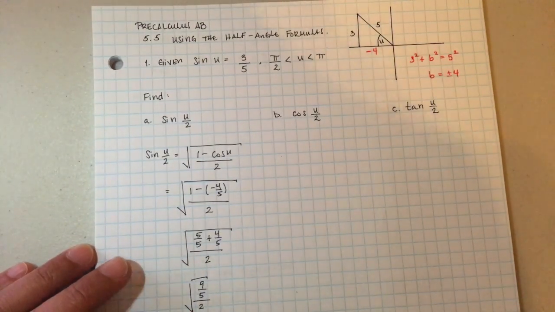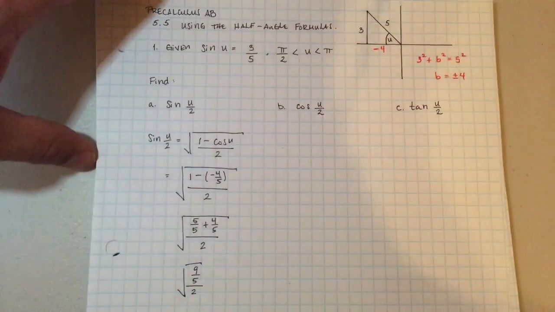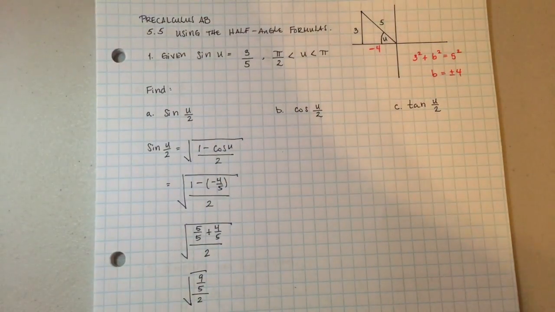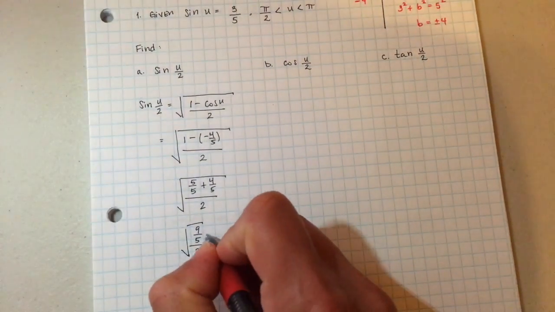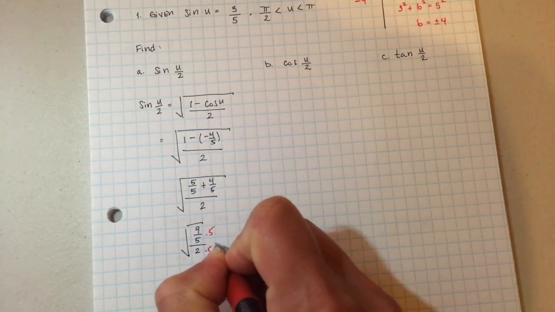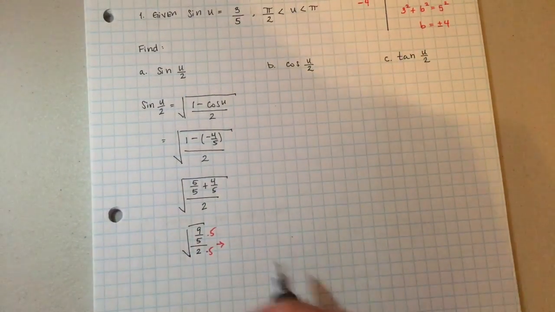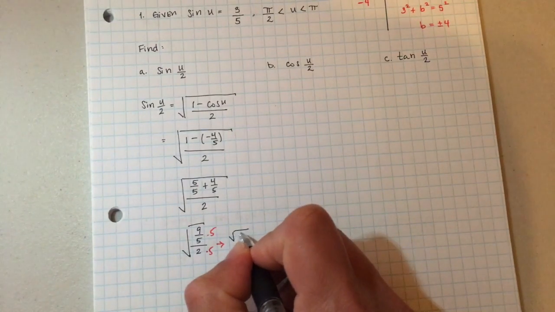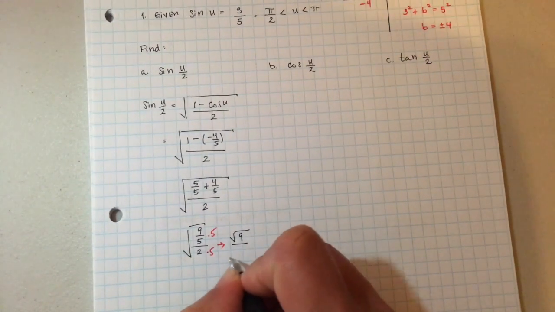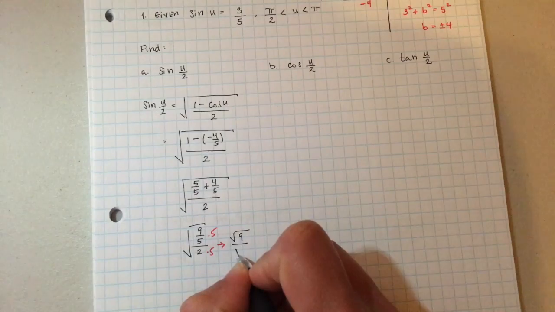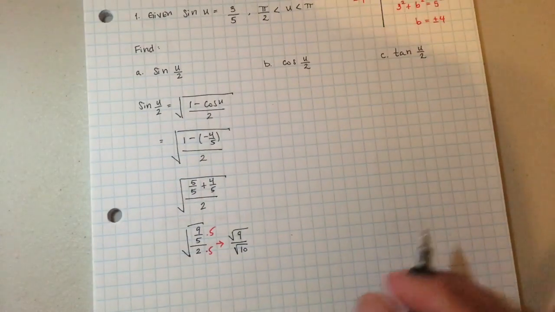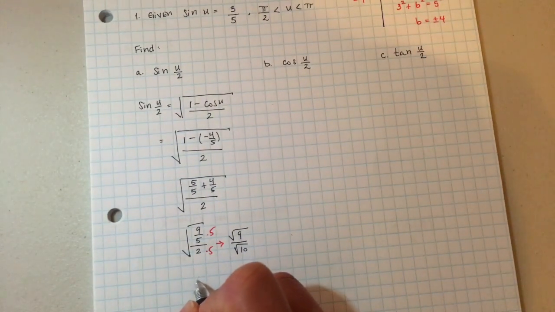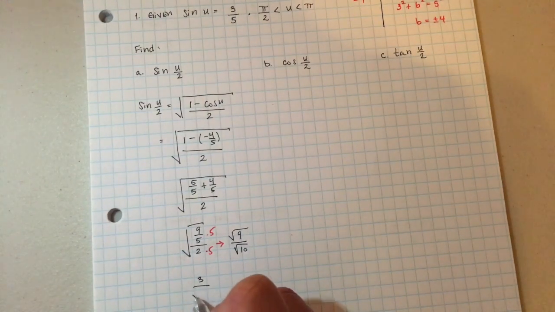I'm just going to do a little bit of simplification here. I'm going to multiply the top and the bottom by 5. And that's going to give me square root of 9 over square root of 10, which is 3 over radical 10.